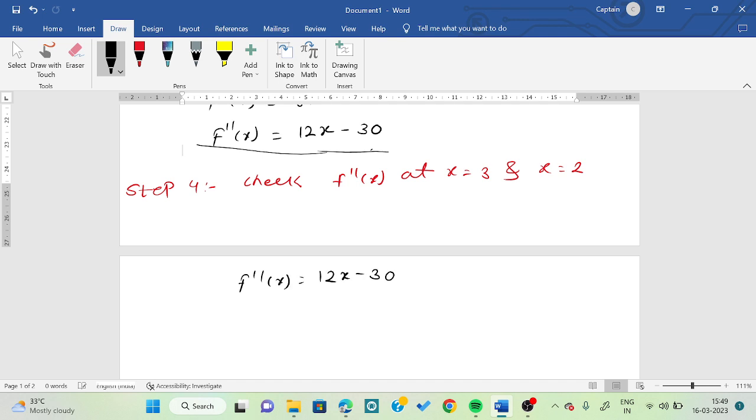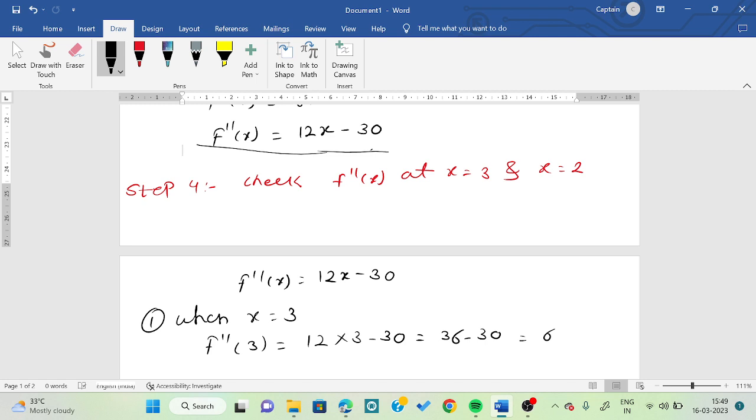Now just simply we need to substitute. So first point, when x is equal to 3, f double dash of 3 is equal to 12 into 3 minus 30, which is equal to 36 minus 30, which is equal to 6. So 6 is greater than 0.